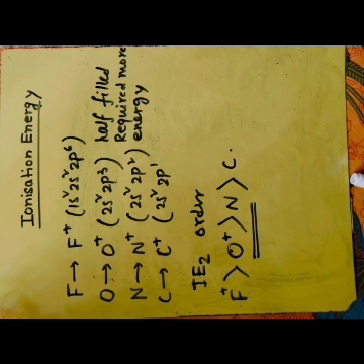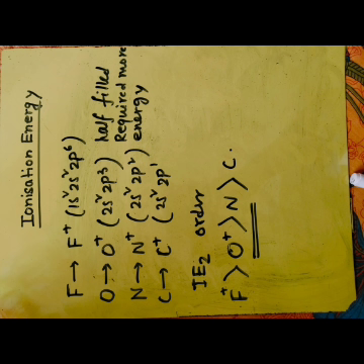The electronic configuration of fluorine is 1s2, 2s2, 2p5, but after removal of one electron, it transforms into fluorine plus, that is, the valence electronic configuration is 2p4, whereas nitrogen plus has electronic configuration 2p2, and similarly oxygen plus has valence electronic configuration 2p3 and carbon plus is 2p1.